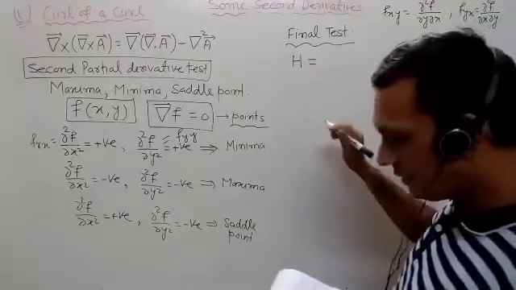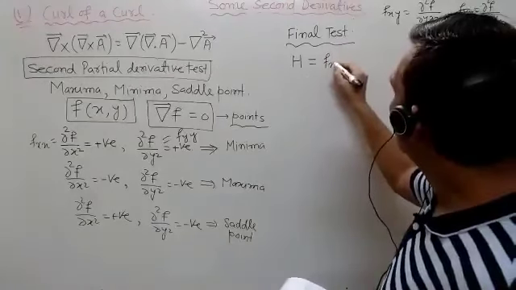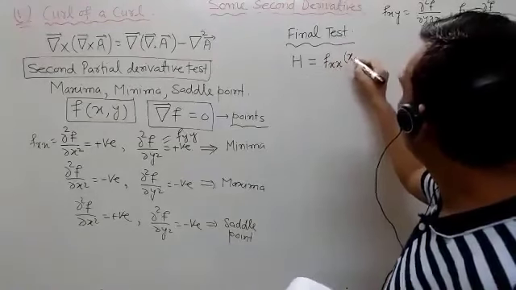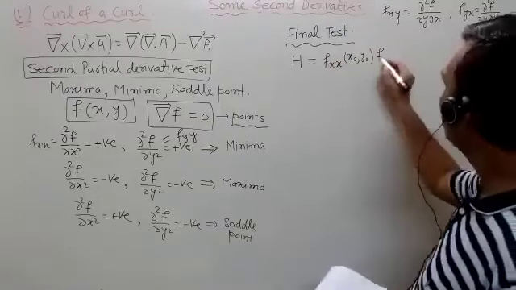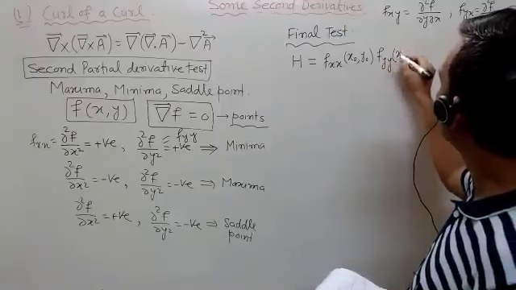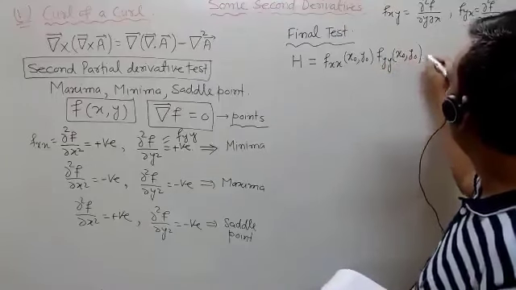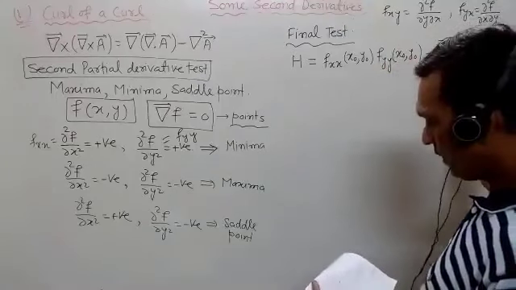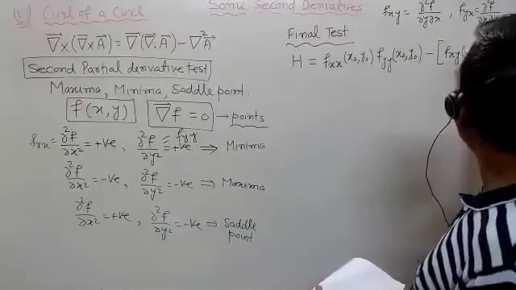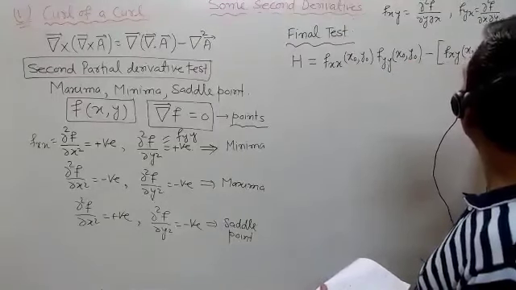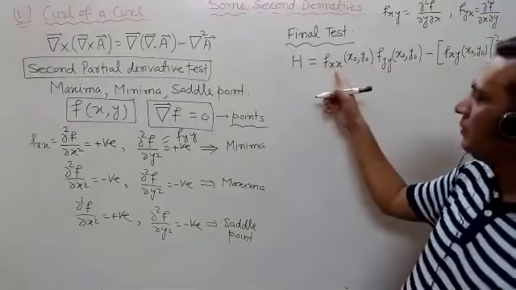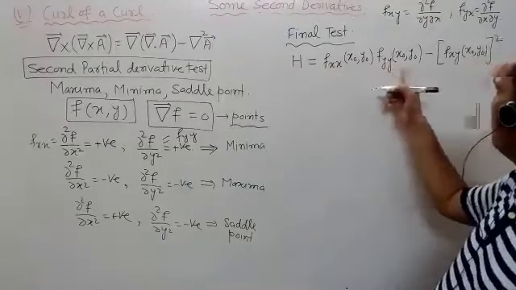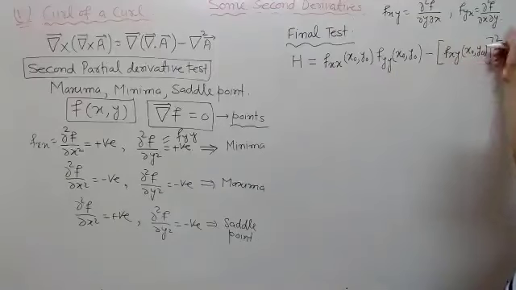So in this case, you have to find f(x)(x). Let's say that point is x0 y0, then multiply by f(y)(y) at x0 y0, minus f(xy) at x0 y0 whole square. You have to find h. This is f(x)(x) f(y)(y) minus f(xy) or f(yx) whole square.